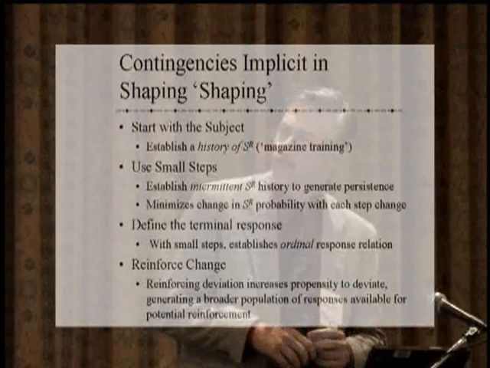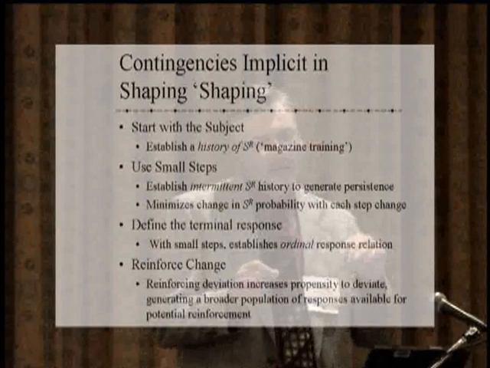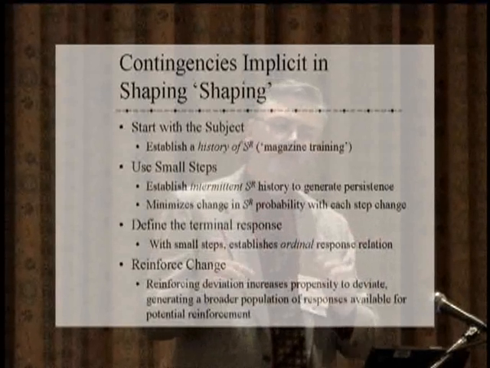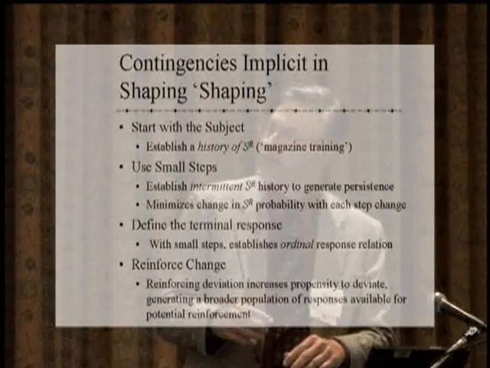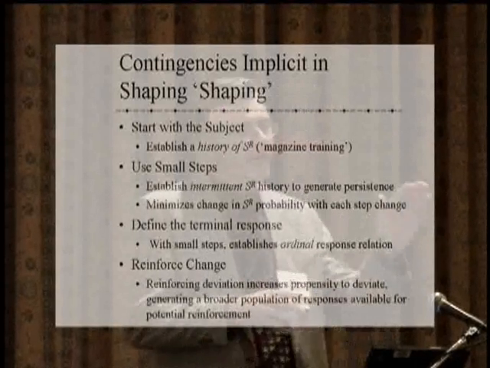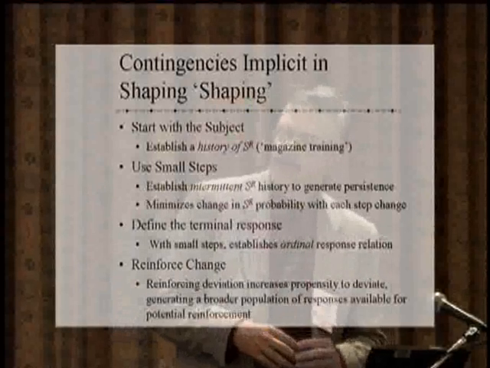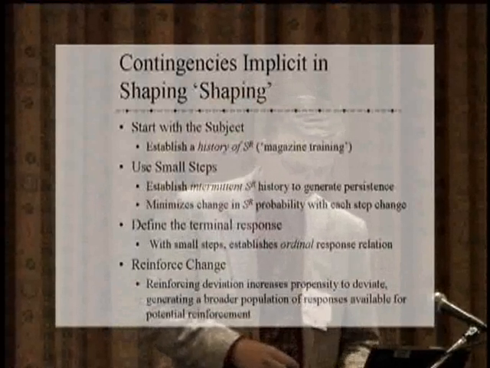The small steps are important also because each time we change the step, we're going to decrease reinforcement probability. And the bigger that step change, the bigger the decrease in reinforcement probability that you can expect. So you can minimize the variations in reinforcement frequency across the differentiation by finding nice step sizes to move it along gradually.